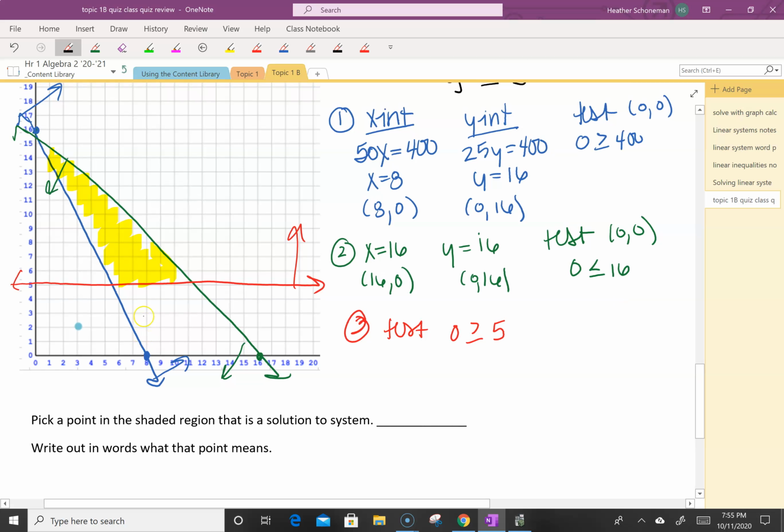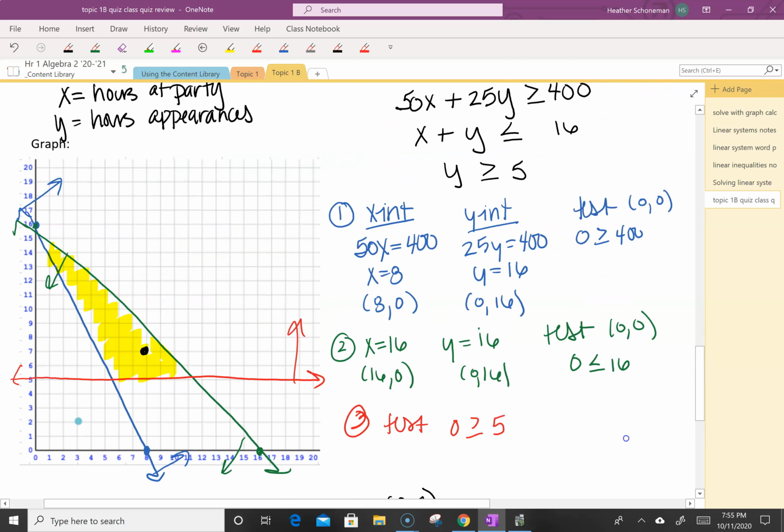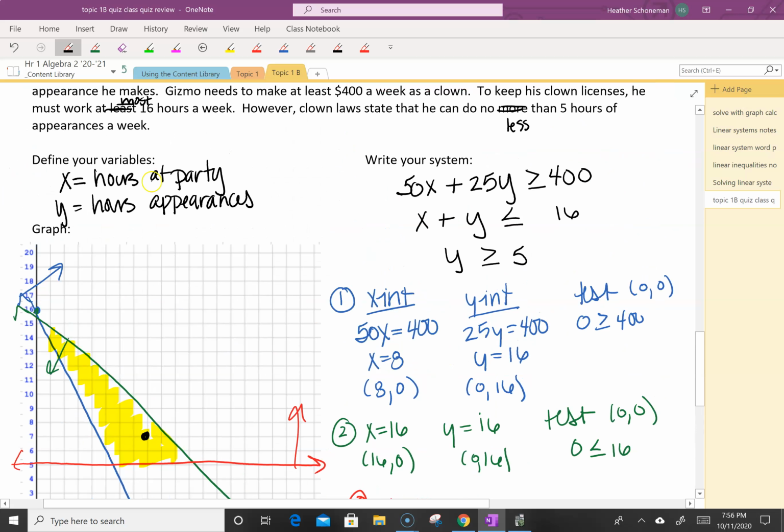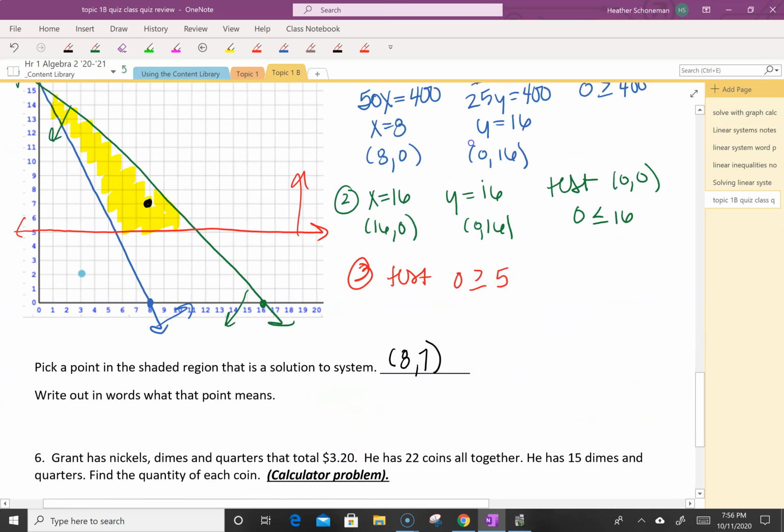So I'm going to pick a point. This one looks good. Okay, the point is (8, 7). So at (8, 7), we know that 8 is the x, so that's the hours at the party, and y is the appearances.